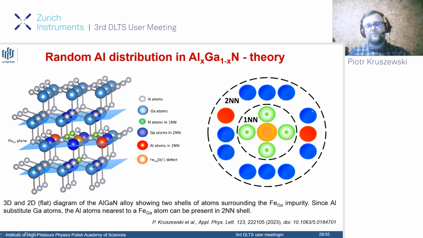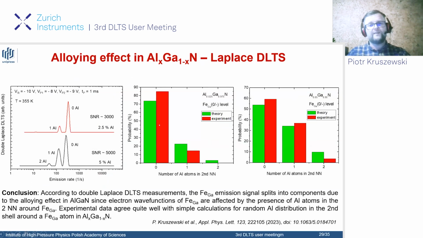So we have 12 atoms in the second nearest neighbor, and the number of aluminum atoms in this region will affect the emission seen by Laplace DLTS. So you can distinguish the situation where 2 aluminum atoms are present in the second nearest neighbor, 1 aluminum, or 0 aluminum.